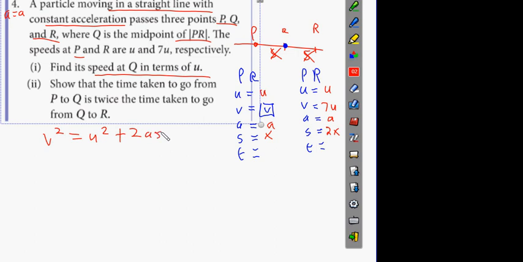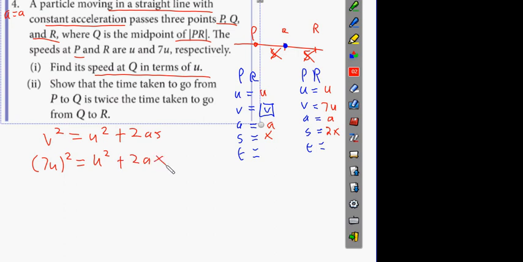We'll start off with the one. Which one has more data? PR is the one that has more data for us, more information. So we're going to get 7u squared equals u squared plus 2ax.